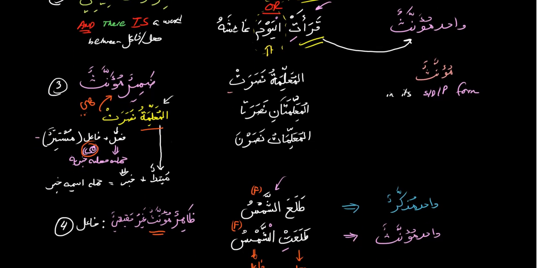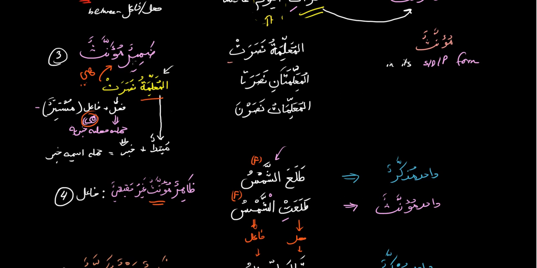Then, if the fa'il is damir mu'annas, so this is mubtada and this is fi'l wa fa'il. Nasarat, here the fa'il is damir, then the fi'l will be mu'annas in the appropriate singular, dual or plural form. المعلمة نصرت، المعلمتان نصرتا، المعلمات نصرن.